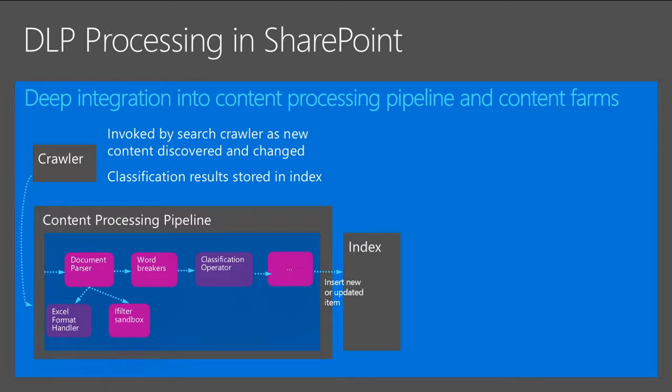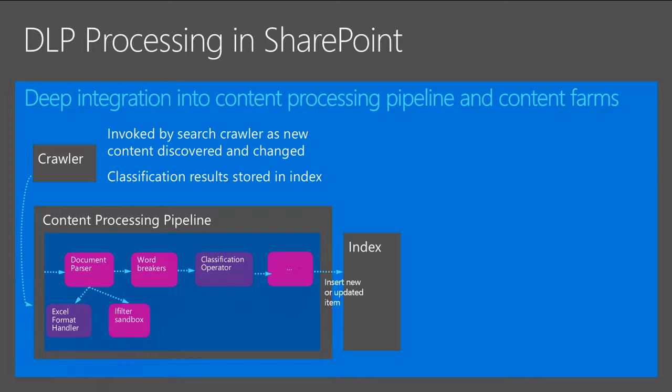The first aspect is integration with the content processing pipeline, where we integrate with the crawler, which means anytime content is updated, changed, created, or deleted, the crawler will automatically detect this, as it does today for search. It then pushes processing into the processing pipeline, where we've integrated two core components.